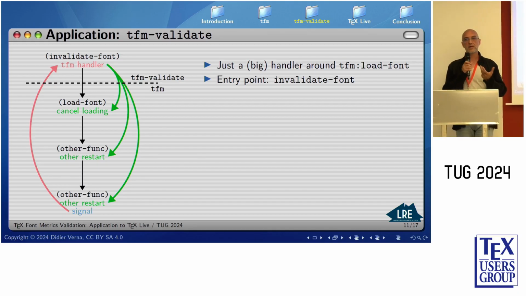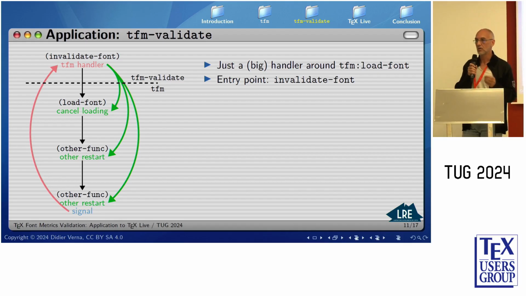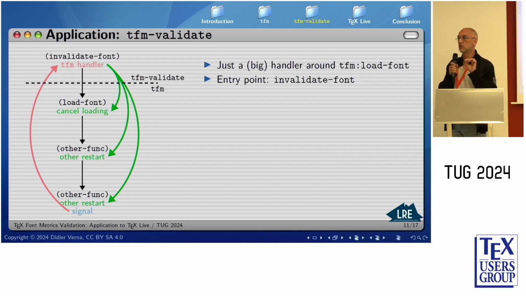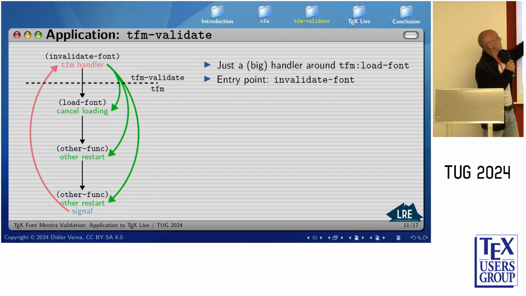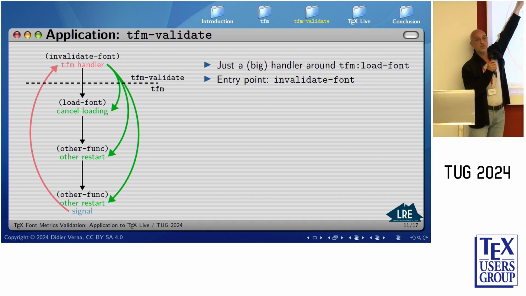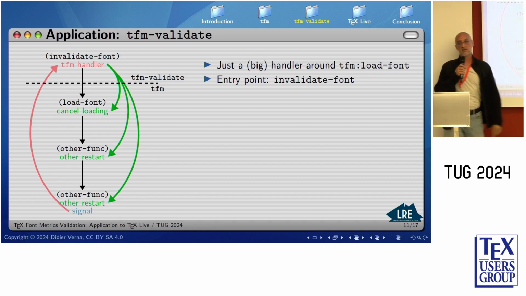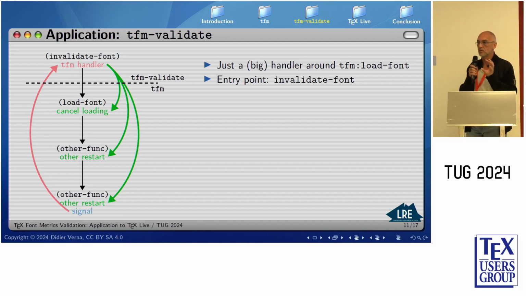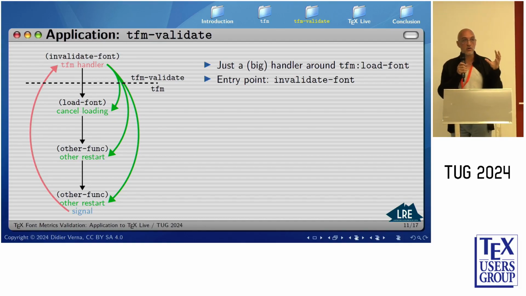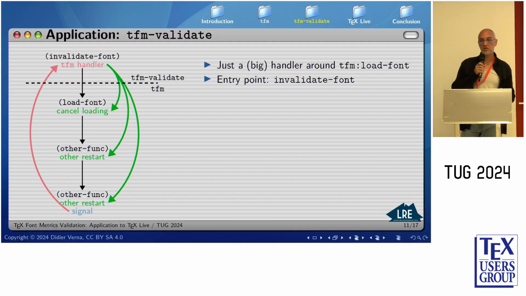Because if you want to create a validation tool, what you want to do is catch all the potential non-compliance issues, but continue the parsing as long as possible in order to catch other exceptions. Okay? So the TFM library, which is up there, boils down to creating a big handler for all the TFM conditions.